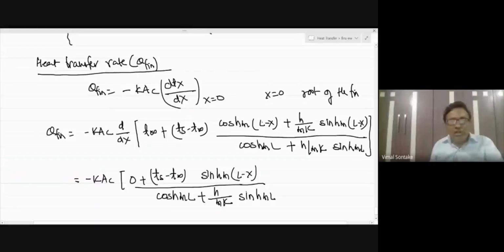Then we have to differentiate L minus x, which will give minus m. Similarly, h upon mk is constant. Differentiation of sine hyperbolic m(L minus x) will give cos hyperbolic m(L minus x), and differentiation of the inner term will give minus m. Simple rule of differentiation.